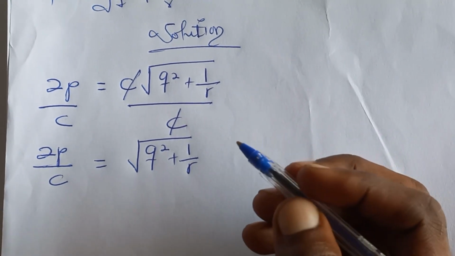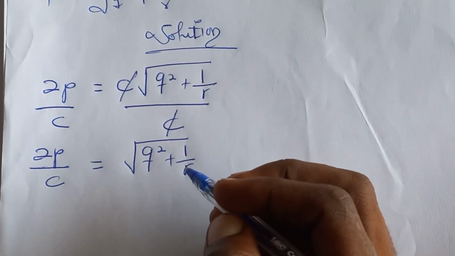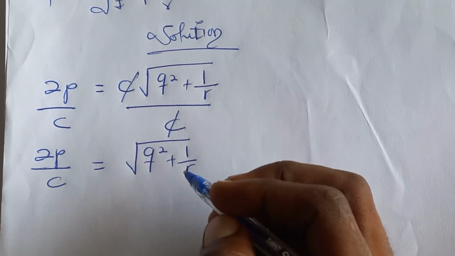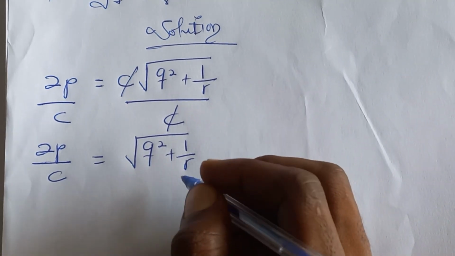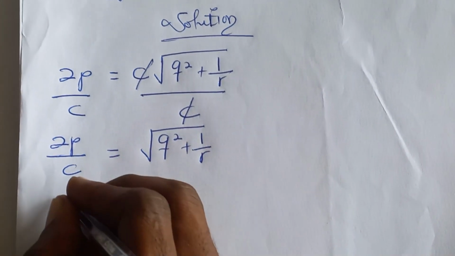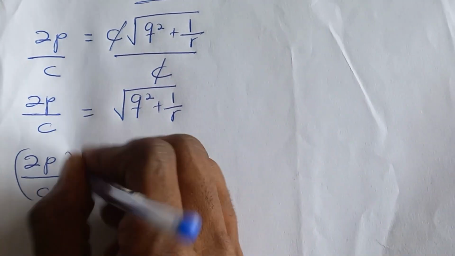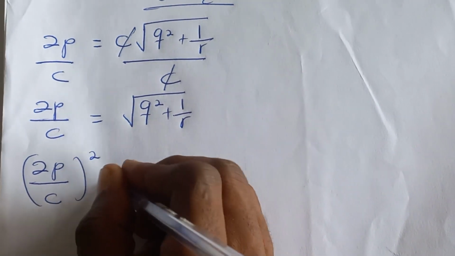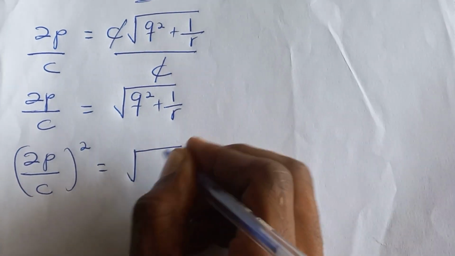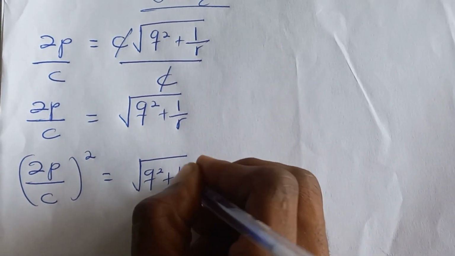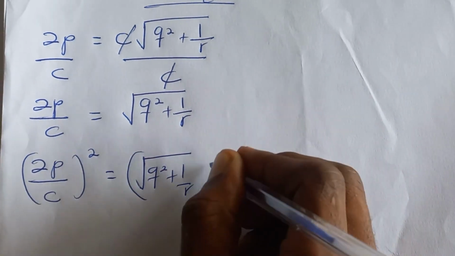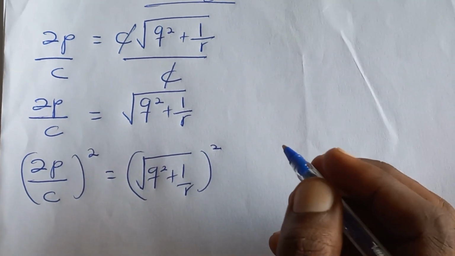So what we need to do is we square both sides of this relation, okay? So squaring both sides of this relation, we're going to get 2p on c all squared, which is equal to root of q squared plus 1 on r all squared. Good.